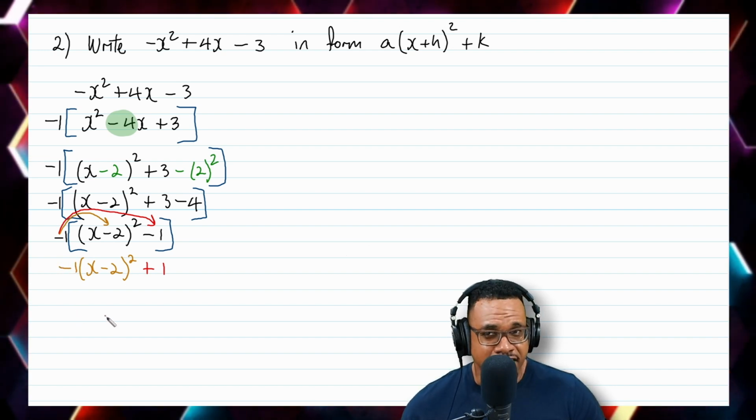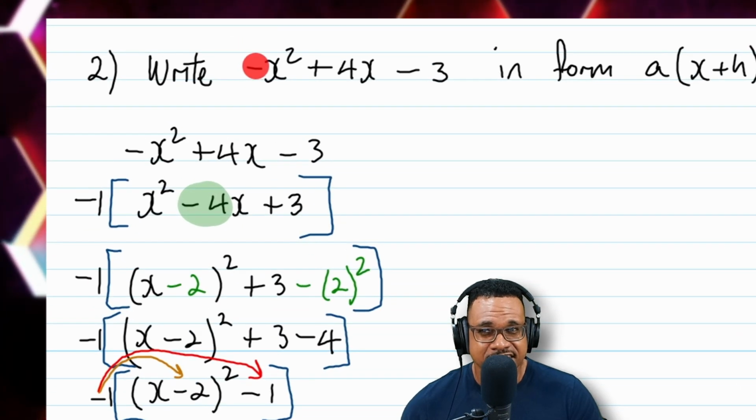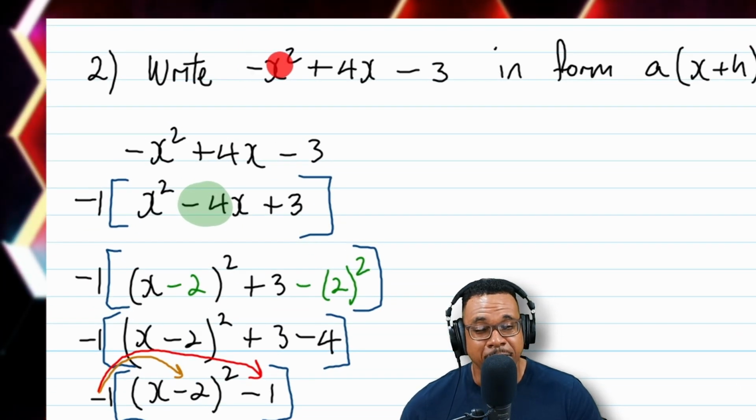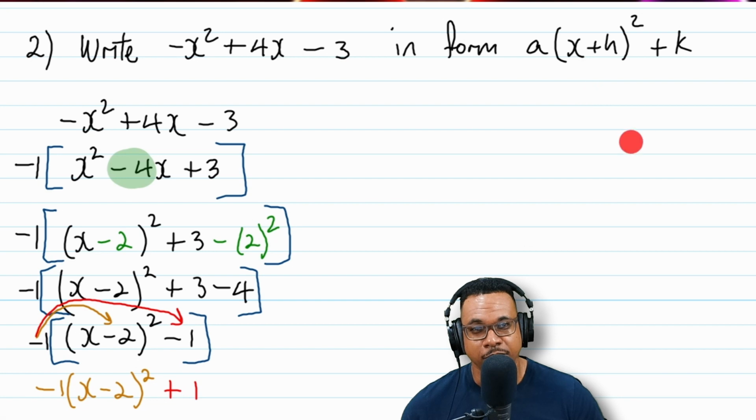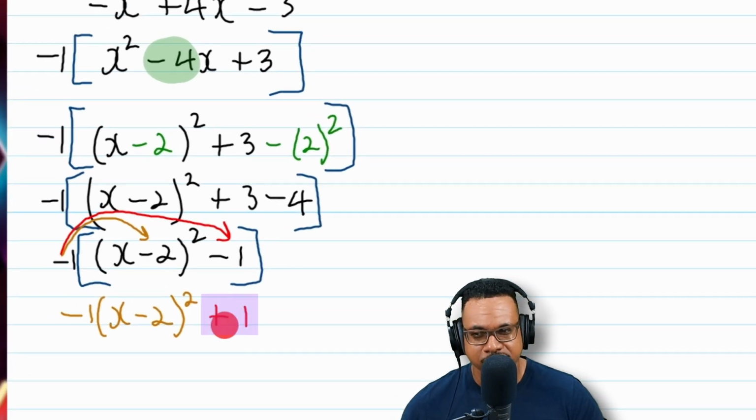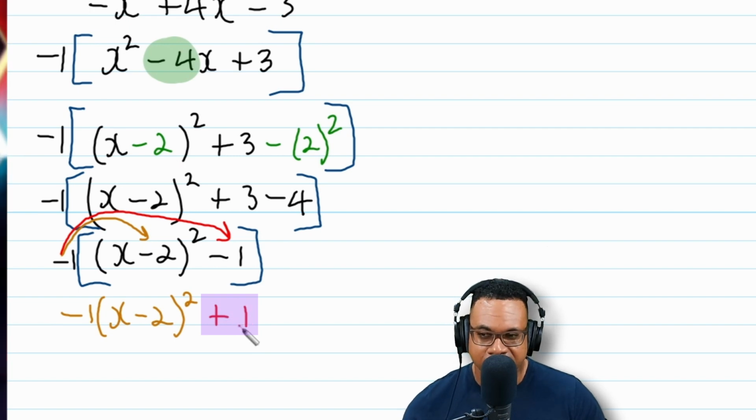So now let's look at the graph. We know there's a negative sign in front of x squared, so the graph is going to be a maximum, meaning it's going to go up like a mountain. And the y-intercept will be this negative 3. Now let's look at the turning point. This positive 1 will be the y component of our turning point, which will be the maximum point on the graph. And the corresponding x value will be this number here, changing the sign from negative to positive.